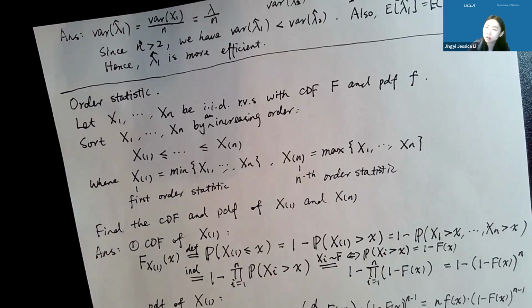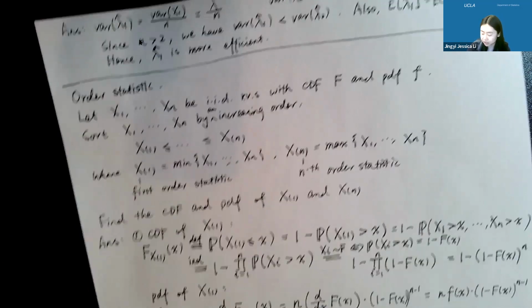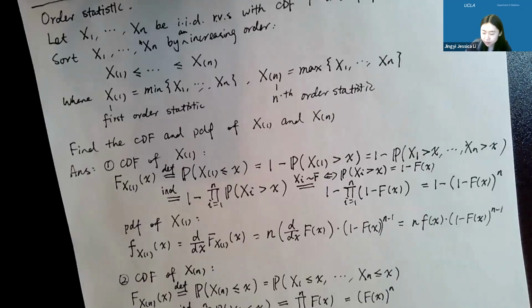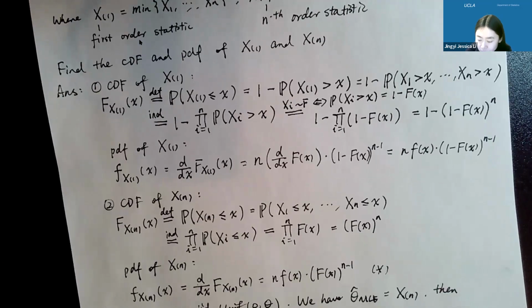For the k-th order statistic to be less than or equal to x, you need to consider what's to the left of it and what's to the right of it, and discuss the two parts separately. That's a little more complicated, and it's about combinatorics, but the general idea is still quite similar. The minimum and the maximum are the two easiest ones to discuss, so that's what we presented here.